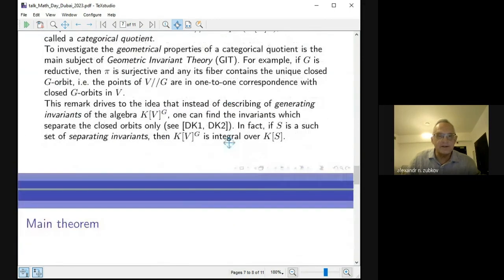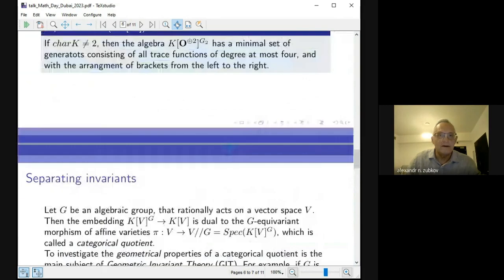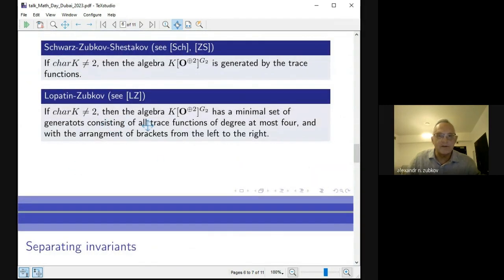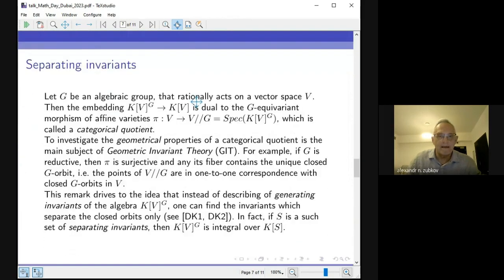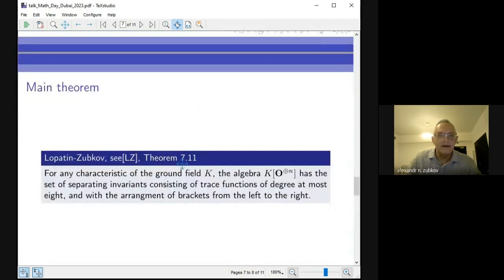For both results, we know the minimal set of generators in the case of characteristic of the ground field not equal to 2. Now we can formulate the main result for the ground field of arbitrary characteristic.